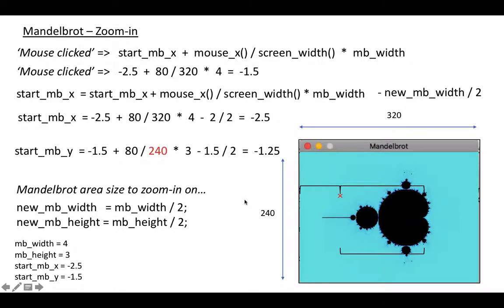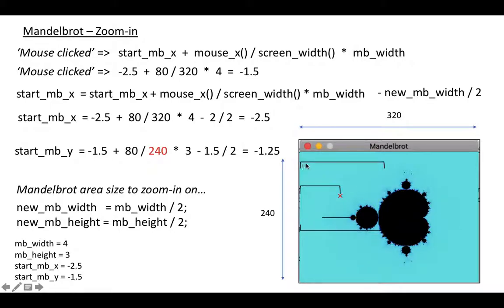So you can see here that the final start point for drawing the Mandelbrot set vertically is going to be minus 1.25. So putting that in perspective, I'm just going to do a little bit of animation here.